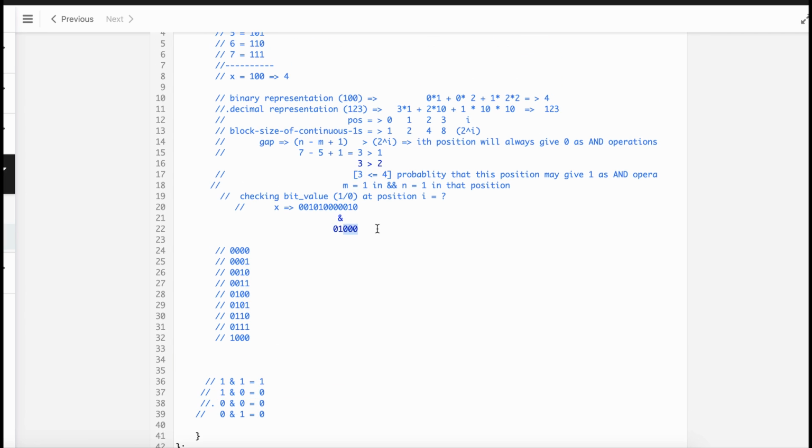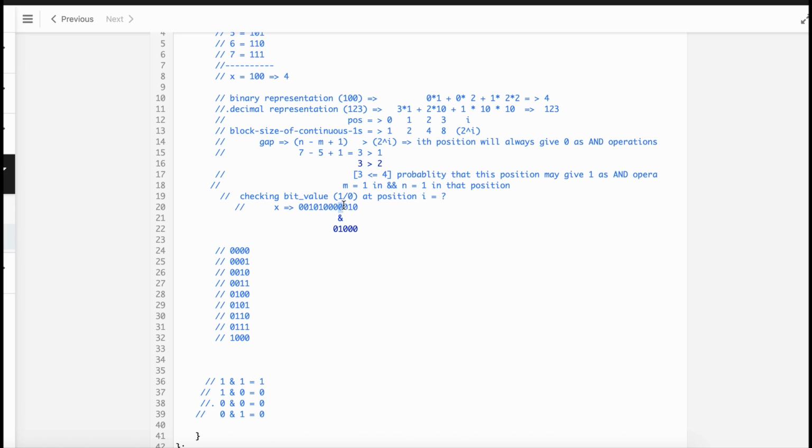So if we put 0 over here, it will by default give us 0, and the left side as well, but we have 1 in this position. So it only takes care of whether the current particular position has 0 or 1. If it has 0, then it gives us 0 because 1 has no value when ANDed with 0, and if it is 1, then it gives us the solution that the ith position bit is 1.